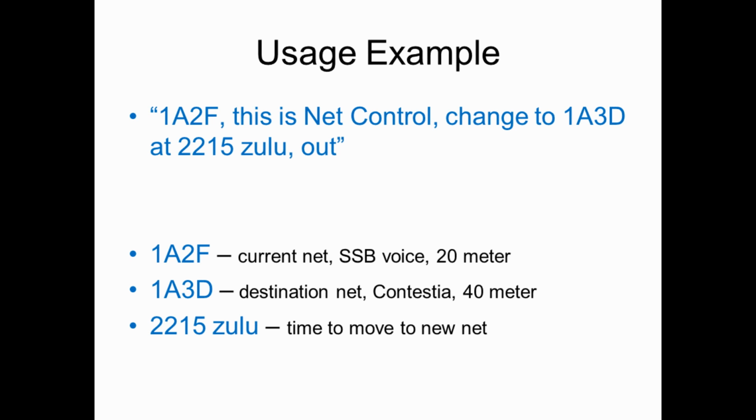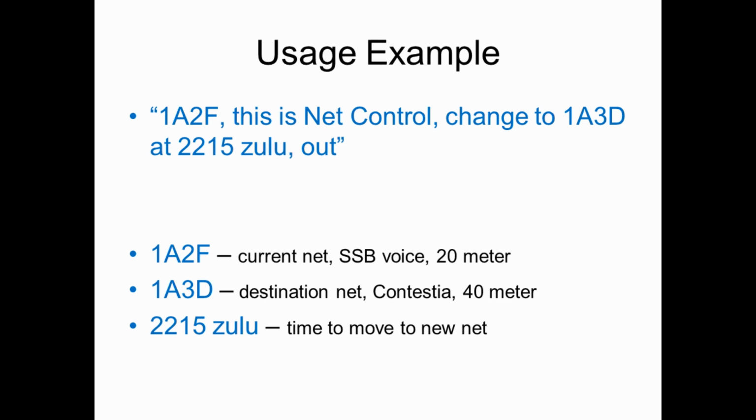The operators that have access to the current net naming schema will know that the 1 Alpha 2 Foxtrot net is the current net, which is a 20 meter SSB voice net. They also know that the 1 Alpha 3 Delta is a destination net and that we will be switching to Contestia at 40 meters. And I have designated that the change will take place at 2215 Zulu for the movement to the new channel.